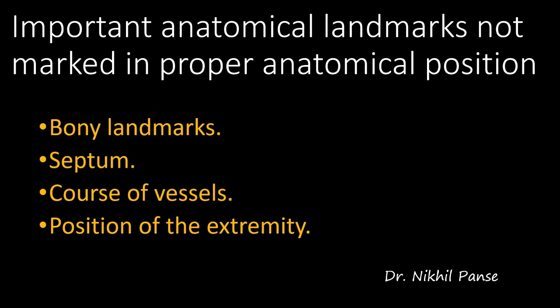So very commonly what happens is that if we are not able to do the markings in this position, the axis of the septum might be deviated a bit than what it originally is. So we need to do the markings with the hand in pronation and then go ahead with the flap harvest. So this was about marking of the important anatomical landmarks. It should be marked. It should be the first step in any planning.